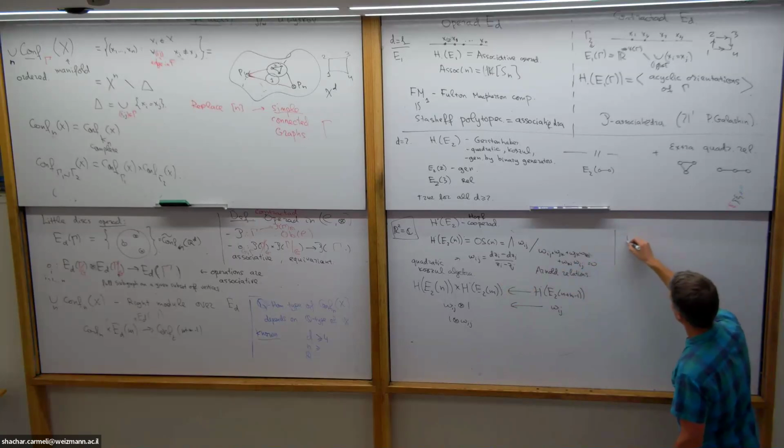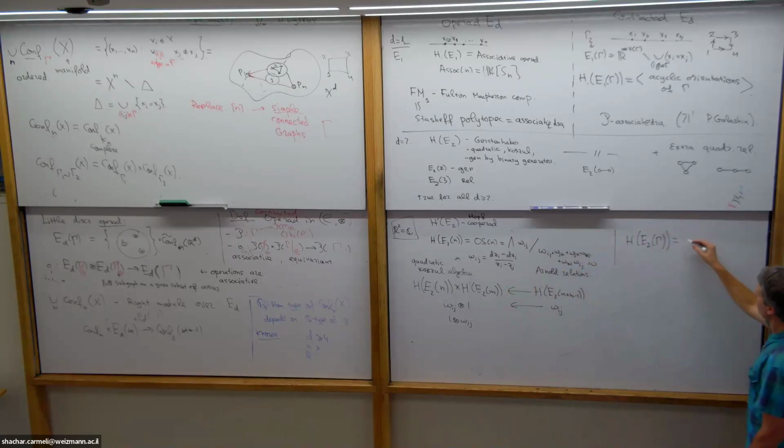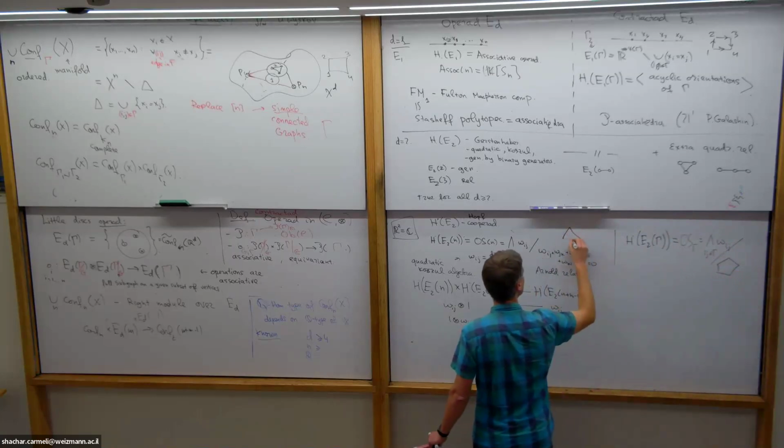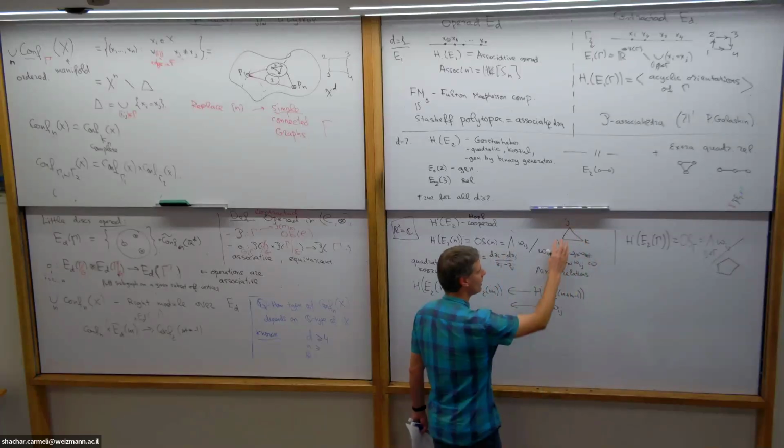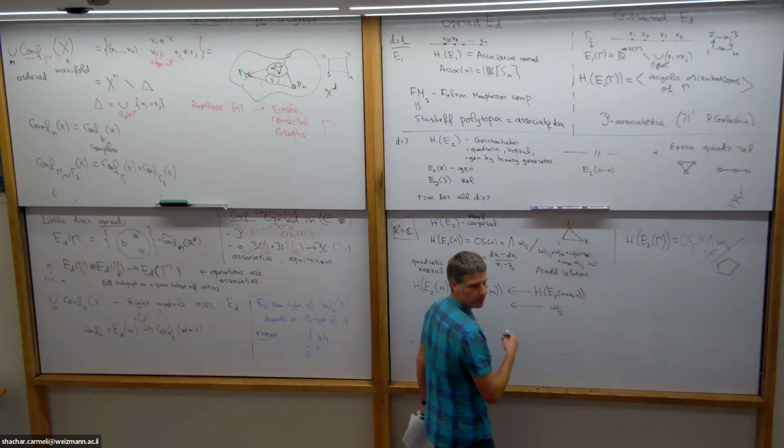So you have the cohomology of E2 of gamma equal to OS of gamma, which is the algebra generated by omega ij, where ij is an edge in my graph, but the relations are given by cycles. Here the relations were given by ijk, a cycle between i, j, k, and you forget one of the edges in this cycle.